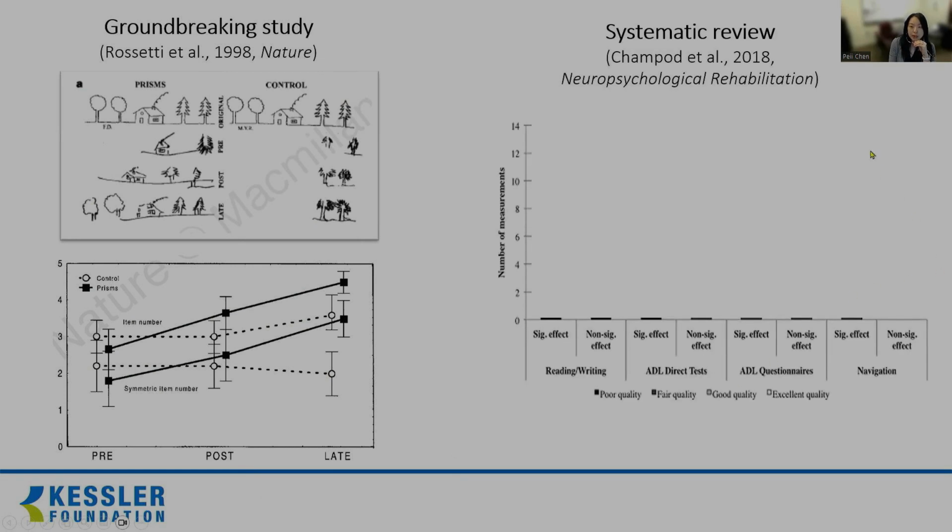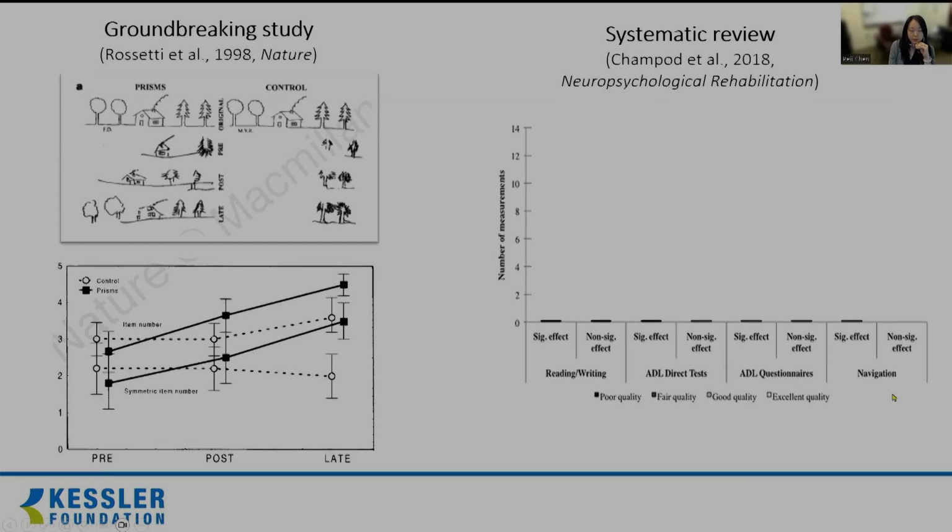And in 2018, a Canadian group, Champod et al., did a systematic review. They wanted to see whether prism adaptation can improve not only drawing behavior, but also functional task behavior, such as reading, writing, ADL, activities of daily living, by direct test or self-report questionnaire, or navigation.